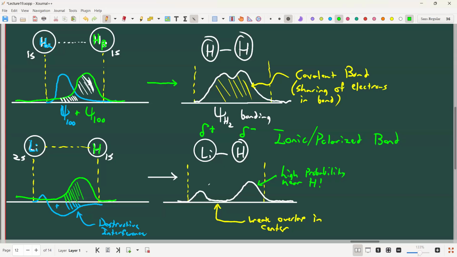That's why dilithium isn't a strong bond: where one lithium is positive the other would be mirrored, and they would just cancel each other out. So dilithium is not a strong bond because you basically have a mirror wave function and the whole thing cancels out. So lithium doesn't work for that express reason.